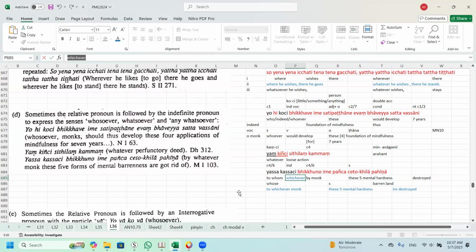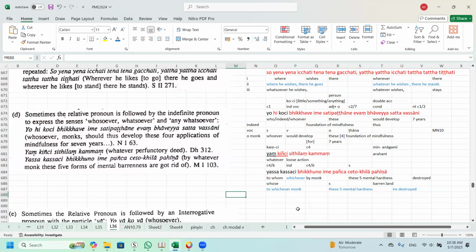So here it means whichever monk. If we take this and this, also genitive, in this case we will take it as a dative: to whichever monk. So this line plus this line, to whichever monk.